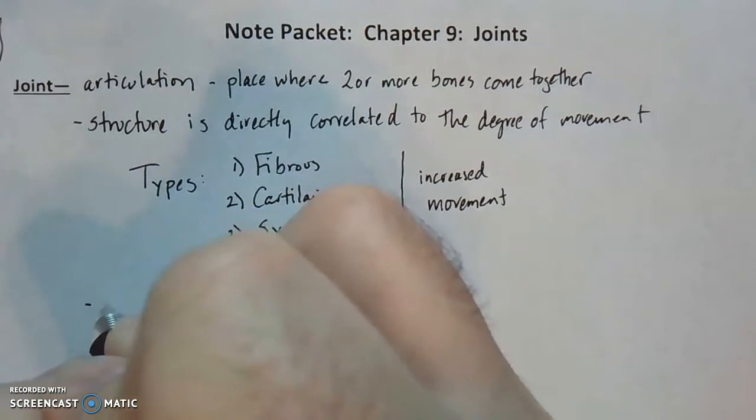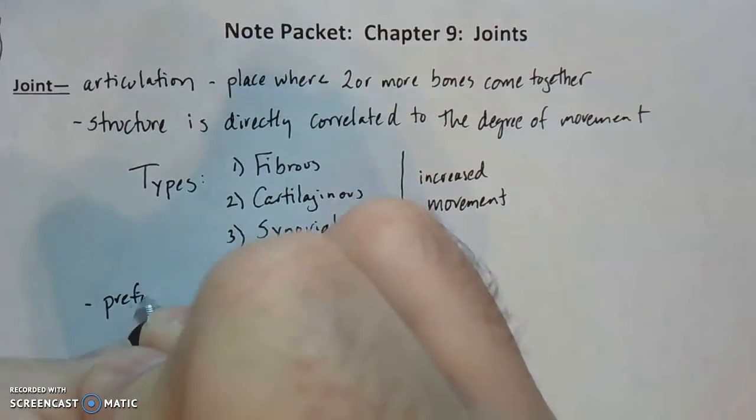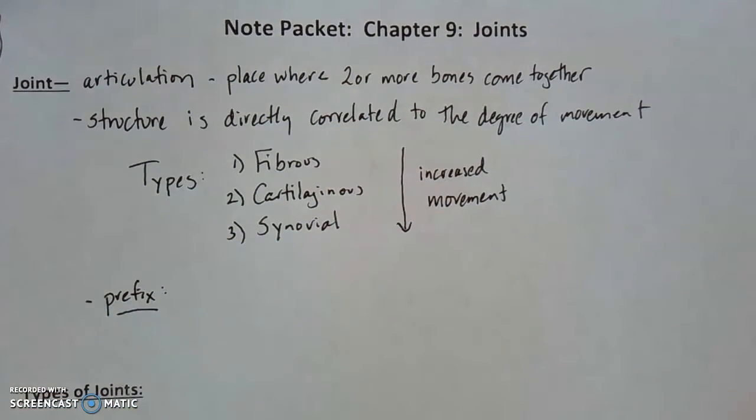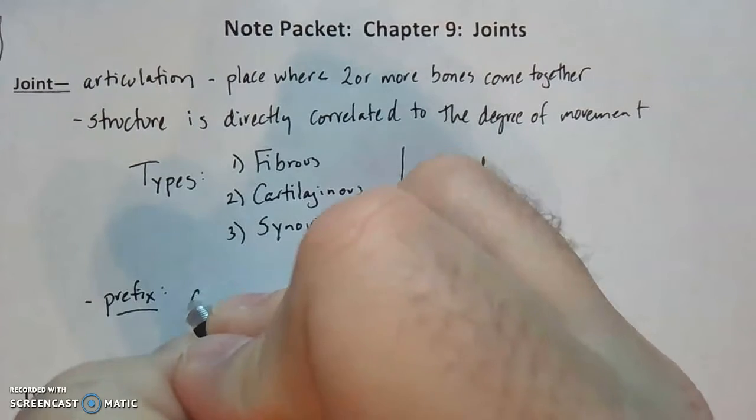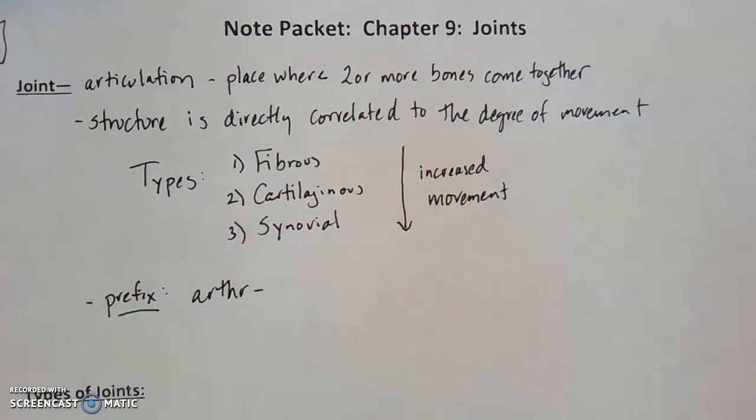When we look at joints in a medical terminology aspect, the prefix that relates to joints is arthra. So we see this in a very common term, arthritis. Itis is an inflammation, so arthritis would be an inflammation of a joint.